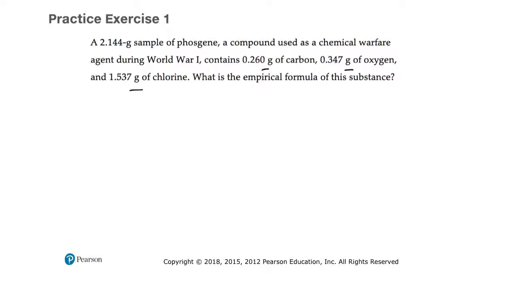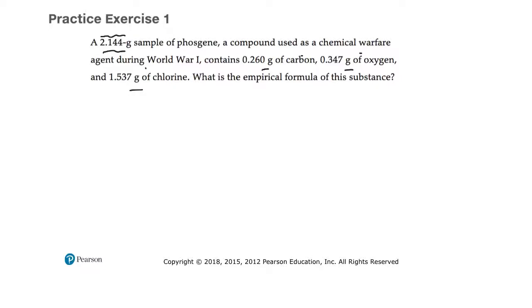Okay, so we could verify if we want to add these masses together that we get to the sample mass. So we don't quite need the sample mass for the problem. If you want to calculate percent carbon, percent oxygen, percent chlorine, and solve the problem the way we solved the mass percent problems, you could.